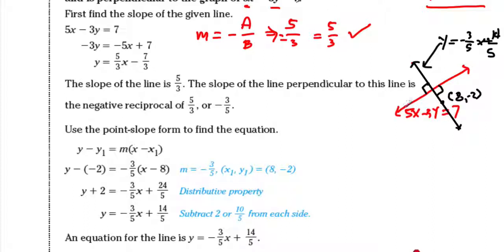So basically, in the beginning you are given this line right here, and you are also given a point. We want to find the line that is perpendicular to 5x minus 3y equals 7 and passes through the point (8, -2).